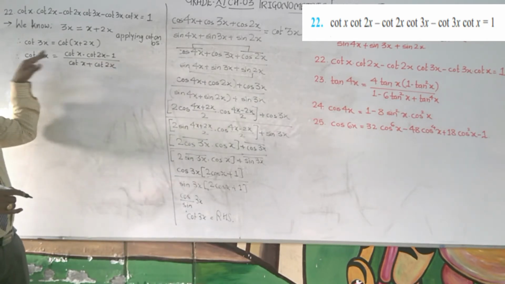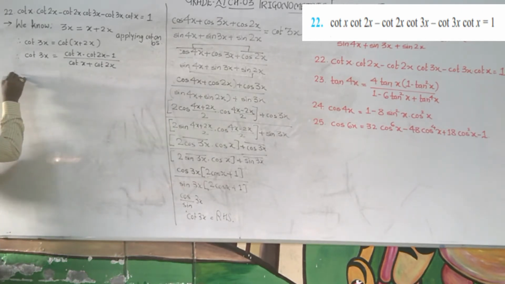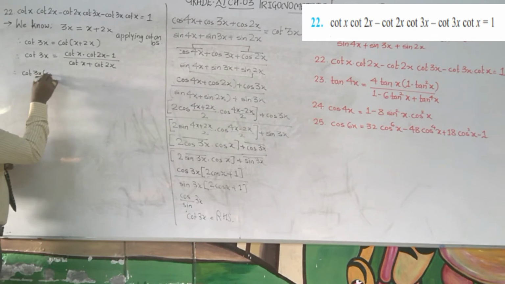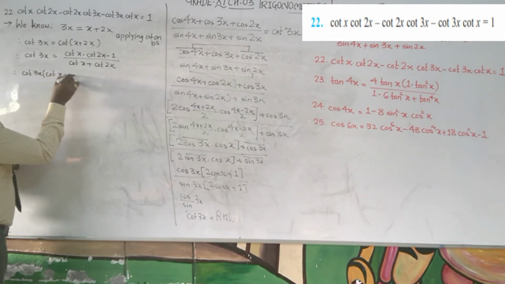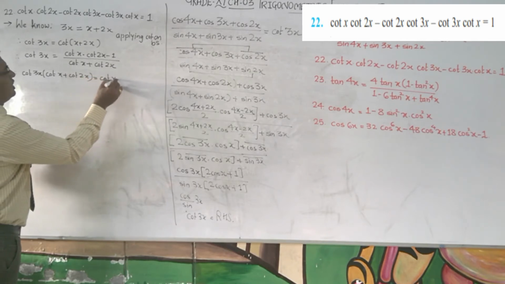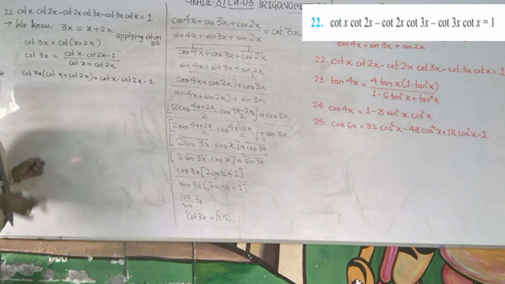Now, by cross multiplication, this denominator will multiply here, so it will become cot 3x into (cot x plus cot 2x) is equal to cot x into cot 2x minus 1.